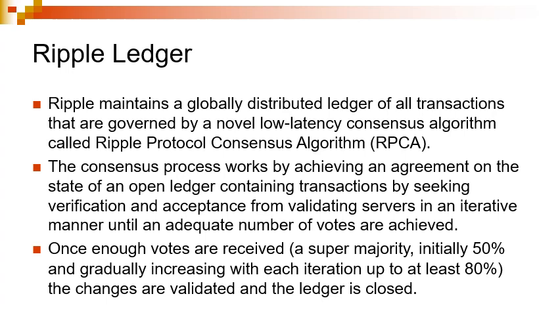Once enough votes are received, a supermajority, initially 50%. So initially the majority voting threshold is considered as 50% and gradually increases with each iteration up to at least 80%. If it receives at least 80% votes, the changes are validated and the ledger is closed.